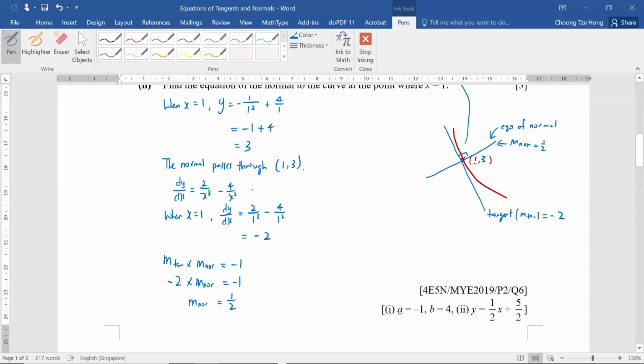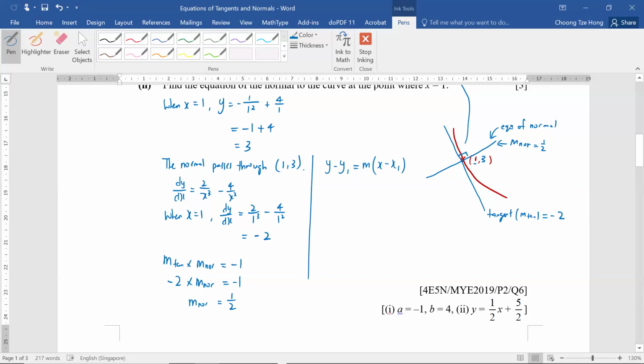Now that we know the gradient of the normal, and we know it passes through (1, 3), we can find the equation of the normal very easily. The equation of a straight line can be found in this form: y minus y1 equals m times x minus x1, where x1 and y1 are the coordinates of one point that the line passes through. In this case, it will be (1, 3).